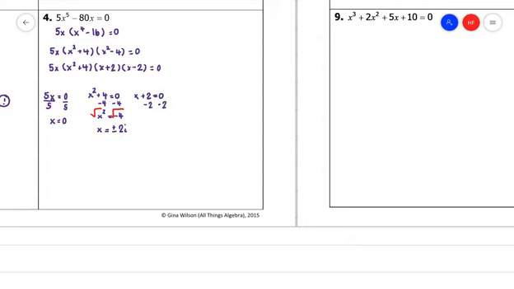Subtract 2. x is negative 2. And x minus 2 is equal to 0. Add 2. And x is equal to positive 2. So x equals 0, plus or minus 2i, negative 2, and positive 2.